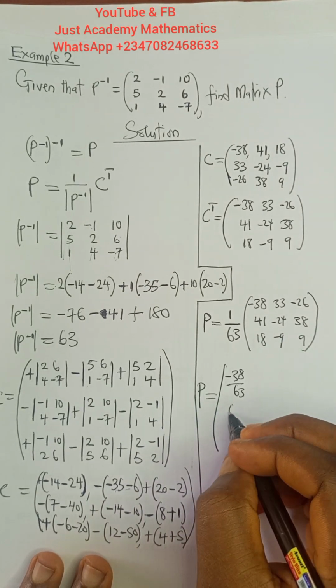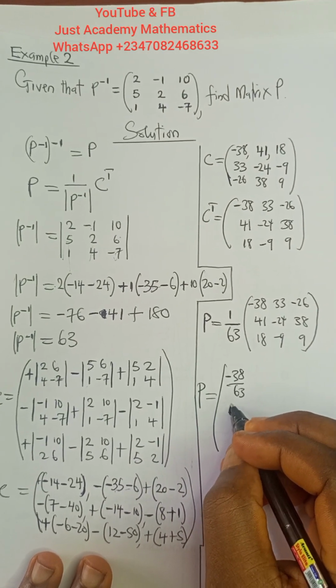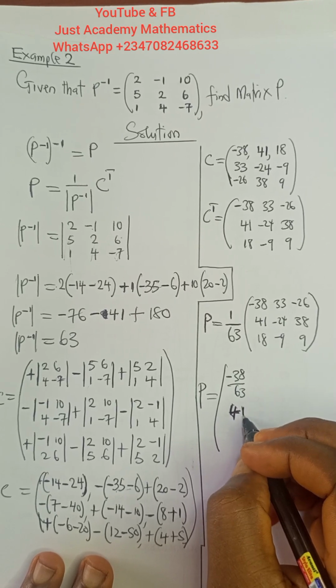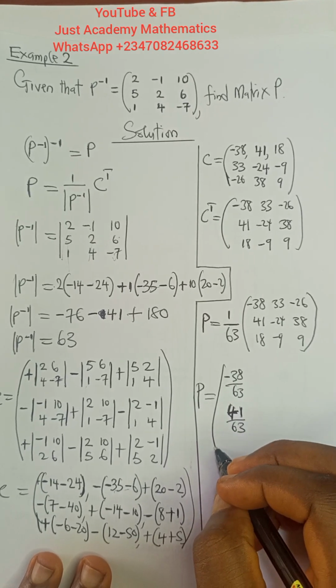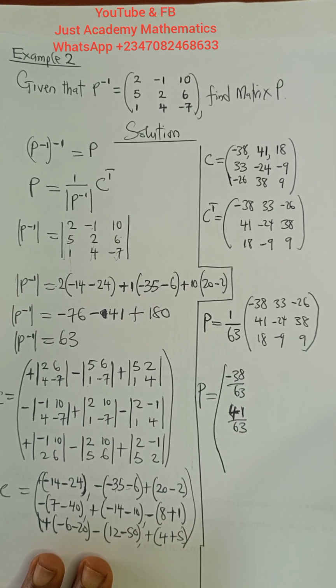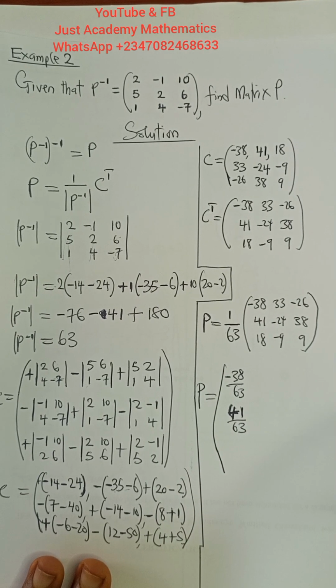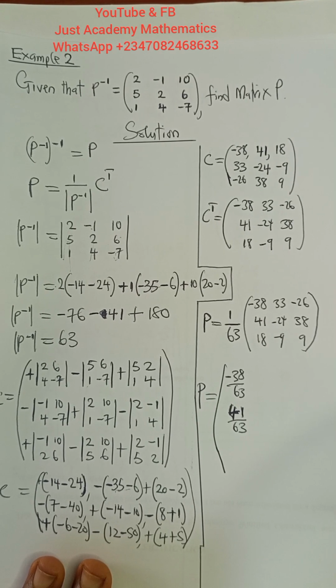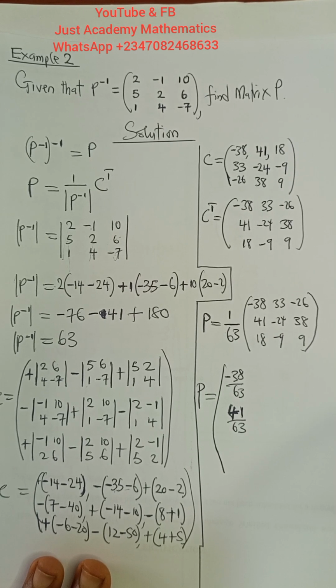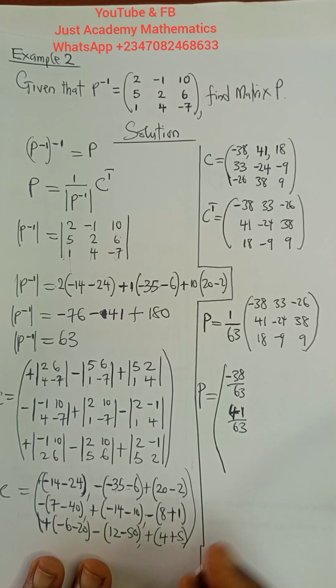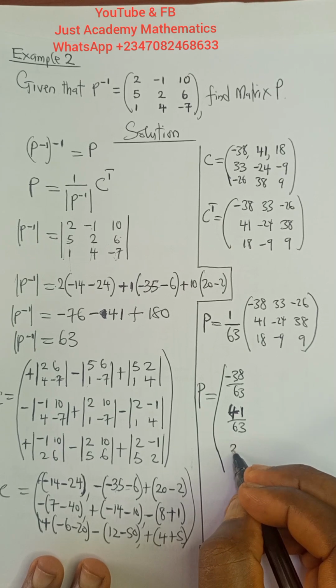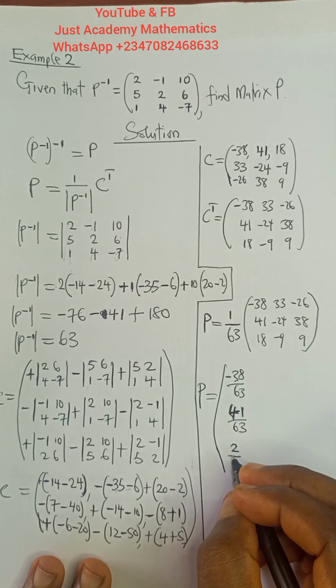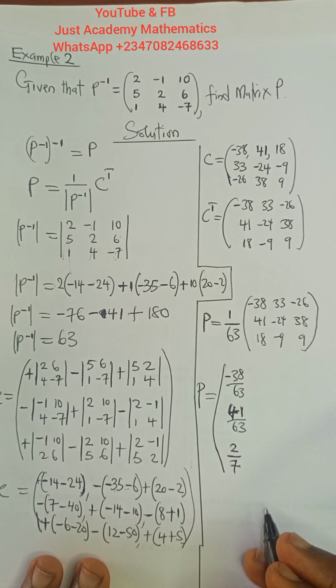So we have 41 over 63. And 18: 3 can go into 18. Are you following? And 3 can go again. So 9 can go there, and 9 can go into 63, actually. So 9 go into 18 is 2. 9 go into 63 is 7. So that is for this one.